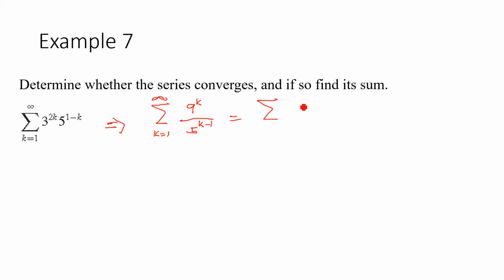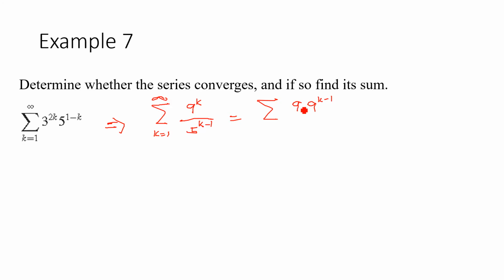of 9 times 9 raised to k minus 1, because the exponent of 9 is 1.